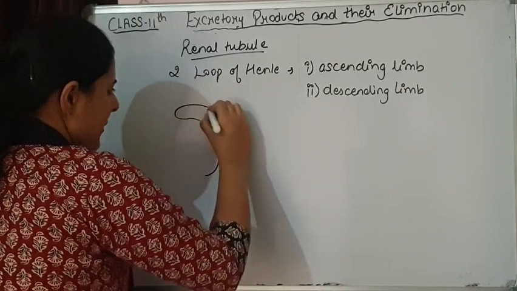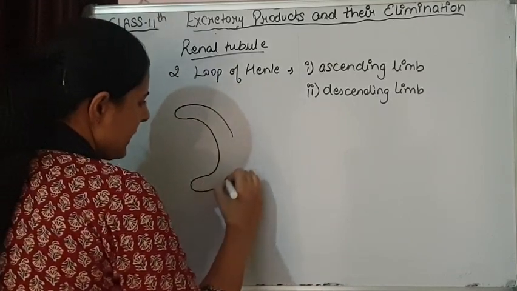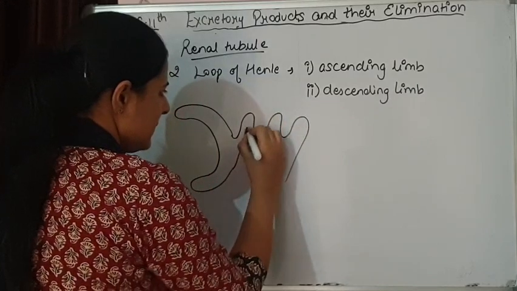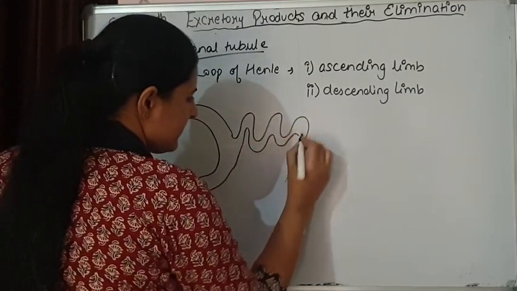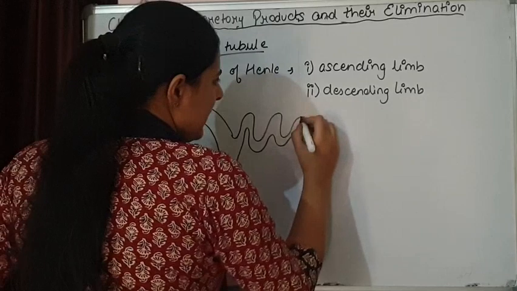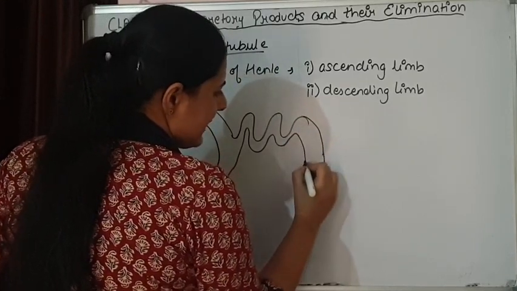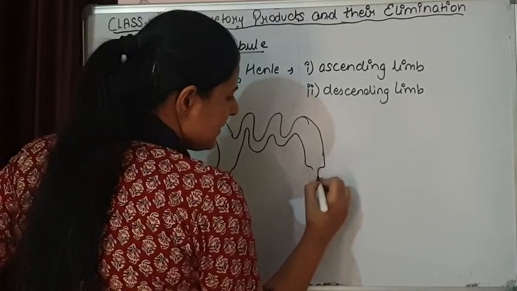Suppose this is how I am drawing the Bowman capsule, the PCT, and with this PCT, this structure that is moving downwards is the descending limb.